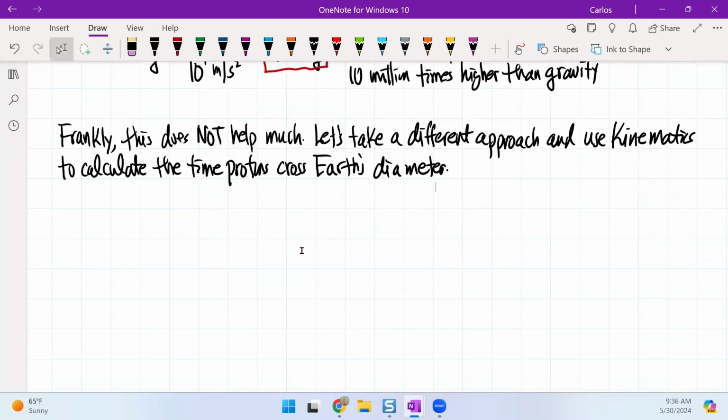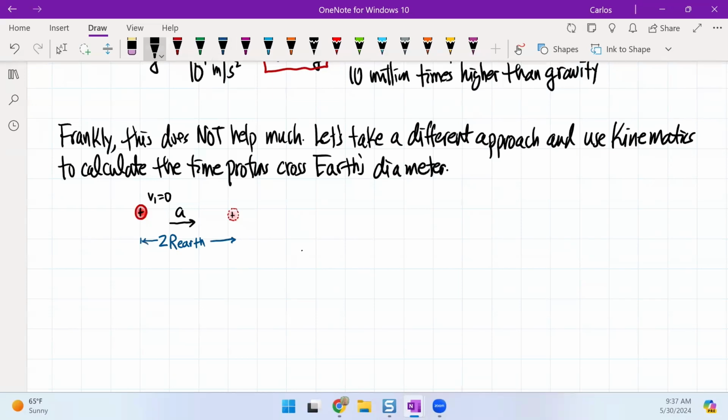If I look at my picture again, I have a positive charge right here. And I'm going to assume that they start from rest. And the only thing we know is that we have this ginormous acceleration. And we know that this thing is going to travel some distance all the way here, which is going to be Earth's diameter. So it's going to go from here to 2 times Earth's diameter from there to there.